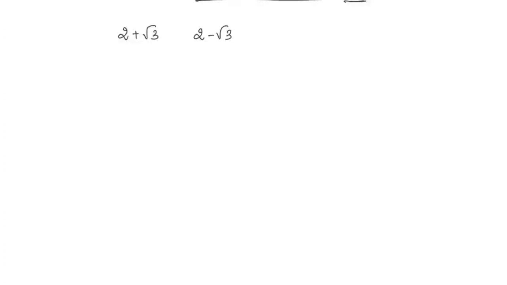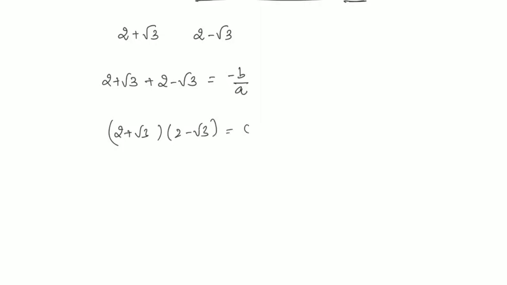Sum, if you do it, it will be 2 plus root 3 plus 2 minus root 3, that is minus b by a. Product, if you do, 2 plus root 3 into 2 minus root 3, that is c by a. Therefore minus b by a is equal to 2 plus 2, plus root 3 minus root 3 going to cancel, so you're going to get 4 here.